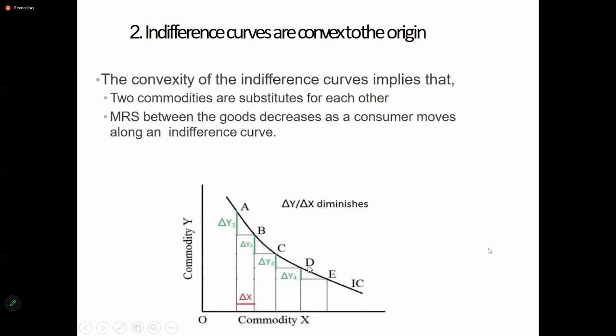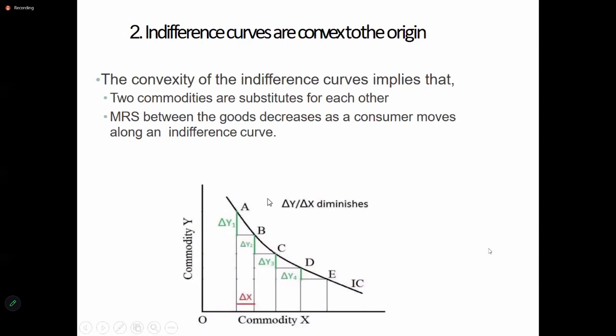Okay? Because you know why it is convex. It is the same as we explained previously. Gradually one is reducing and the other is increasing. Here commodity Y is gradually decreasing and X is gradually increasing up to here. Okay, so that's why it is convex.